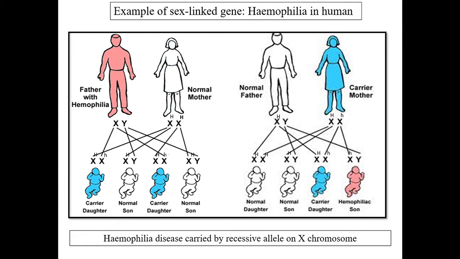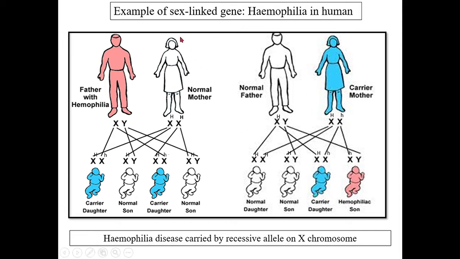She's not a carrier and she doesn't have that disease. Second situation, we have a normal father with a carrier mother. Carrier, in Bahasa Melayu, is pembawa. She doesn't have the disease, she just has one copy of the recessive gene. So that means she can inherit the recessive gene to her children.